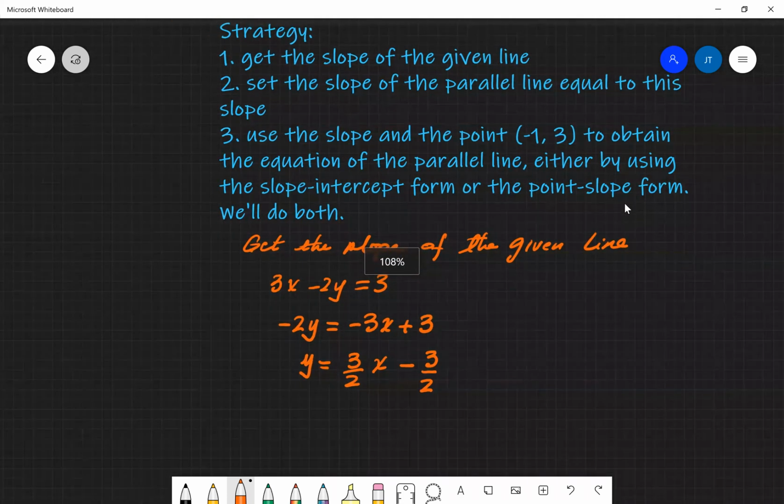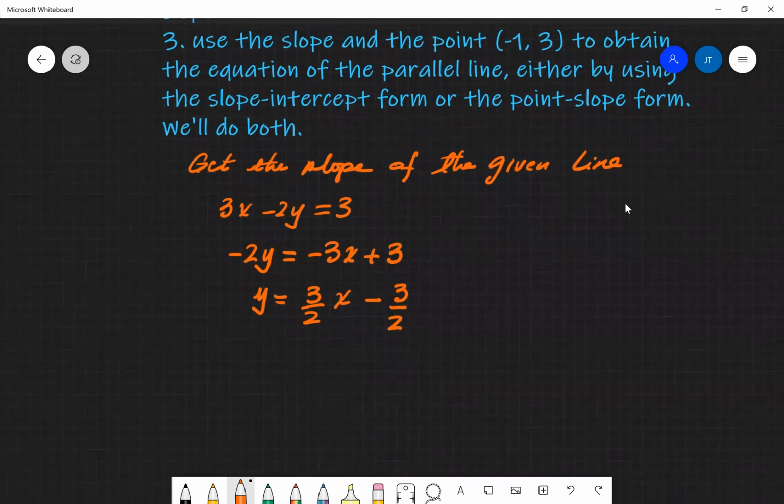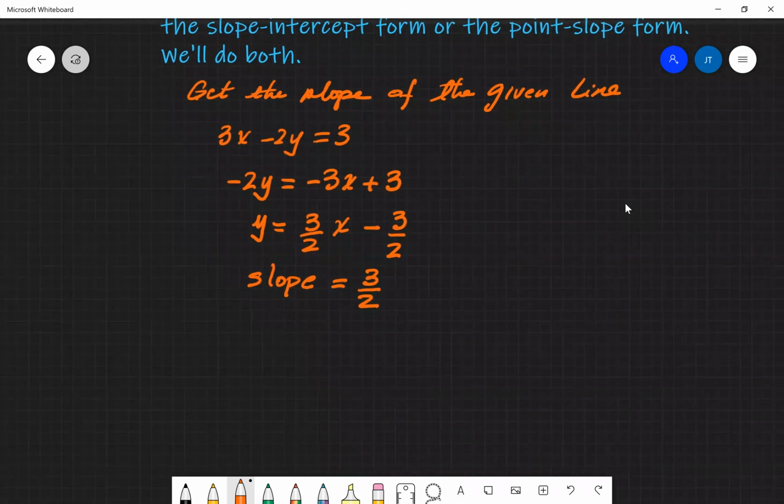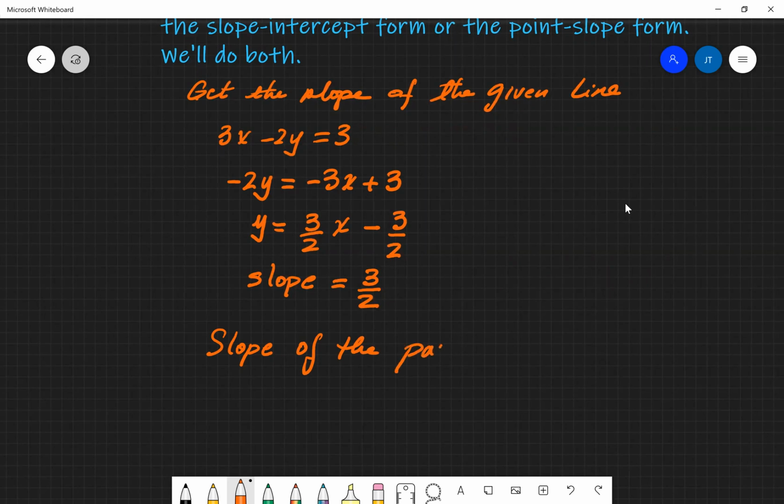So this line has a slope of 3/2. Now we can say that the slope of the parallel line is 3/2. They're equal. They have the same slope.